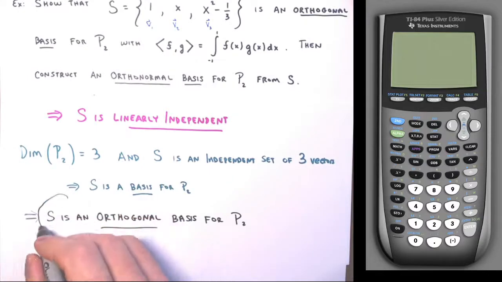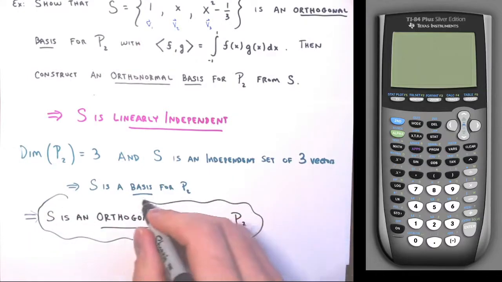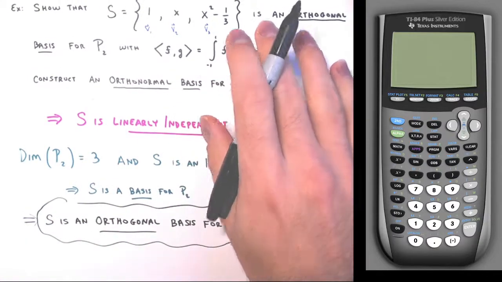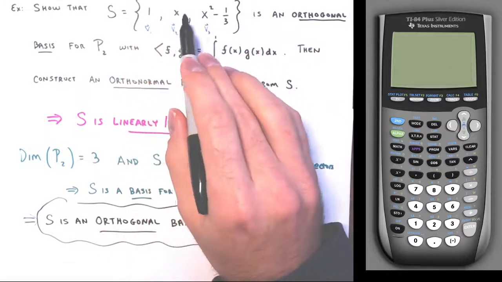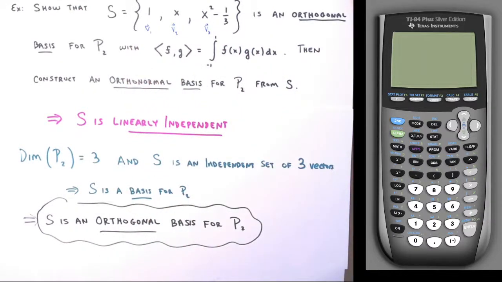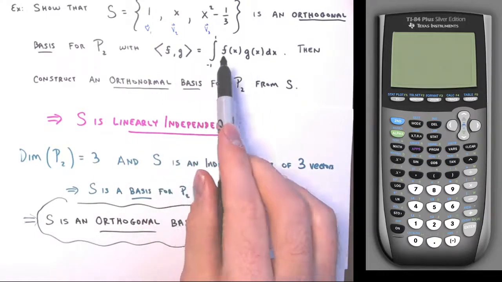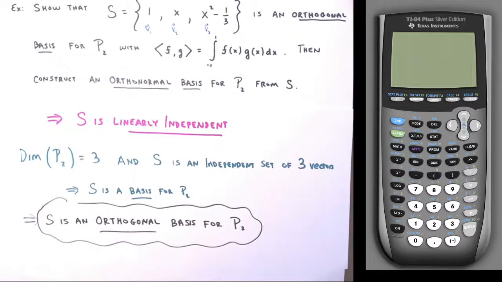Wonderful. All right. So I've just verified that this set of polynomials, 1, x, and x squared minus a third, is an orthogonal basis for P2 under the standard integral inner product.